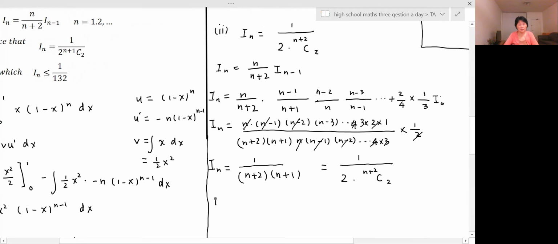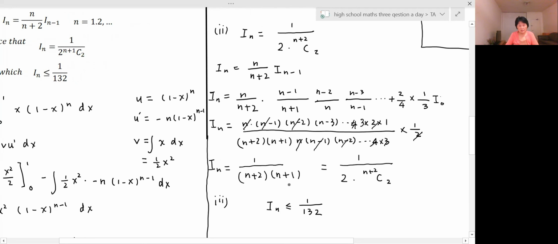The last bit is to find n for which I_n is less than or equal to 1 over this bound. I_n equals this one, but I_n is less than this one.